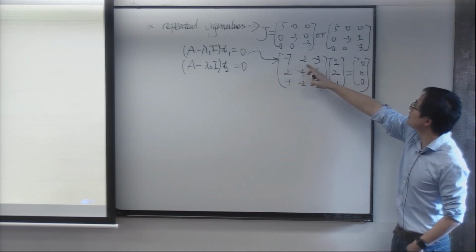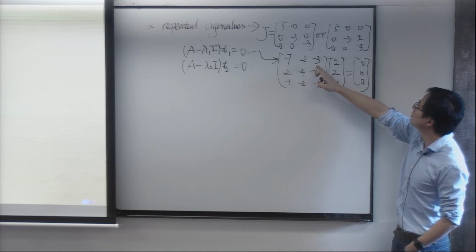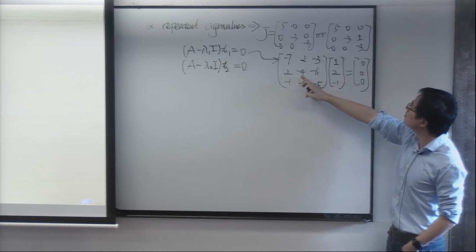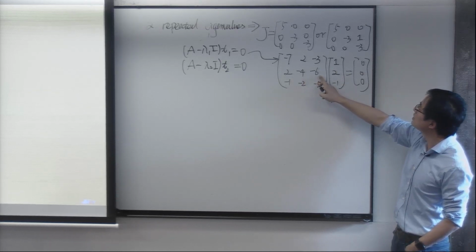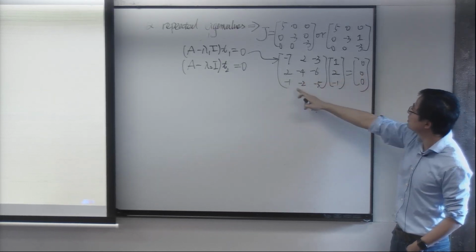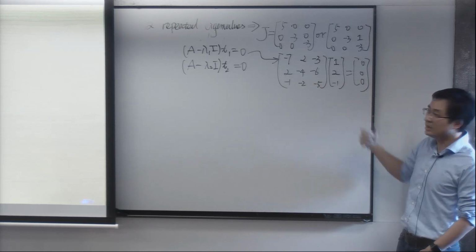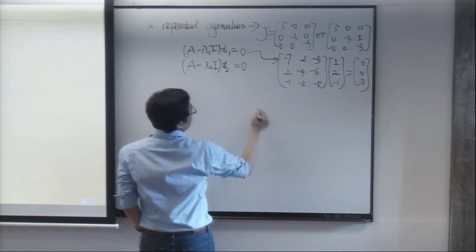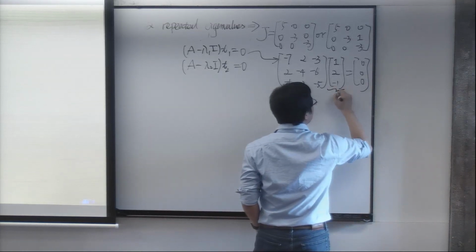Negative 7 plus 4 plus 3 is 0. 2 minus 8 minus 6 plus 6. So this is one of the eigenvectors. Right? So we're good. This is T1.